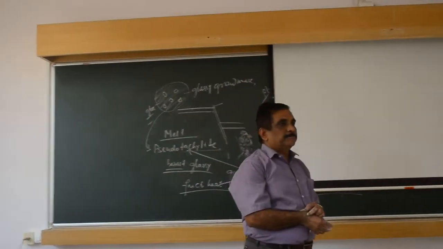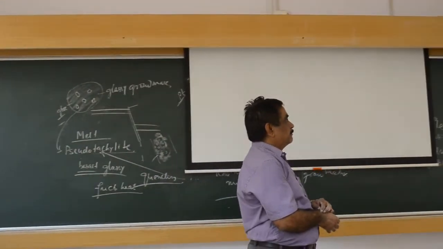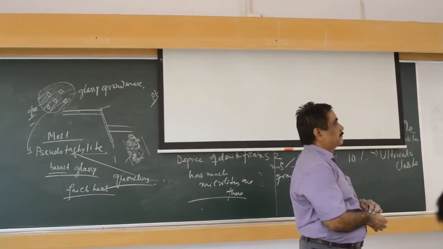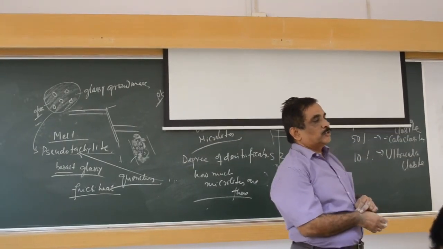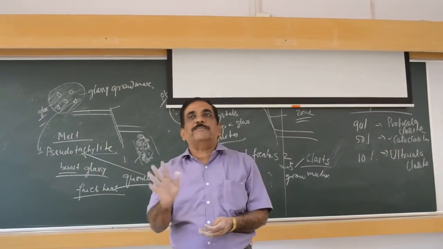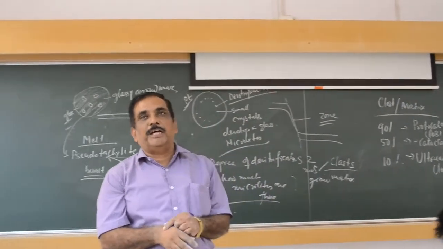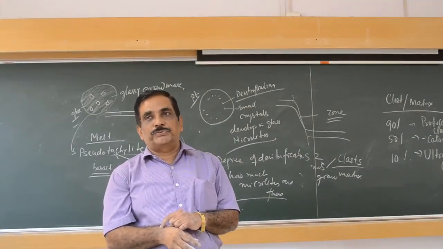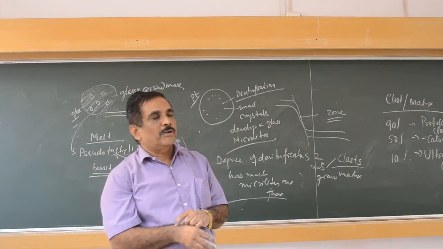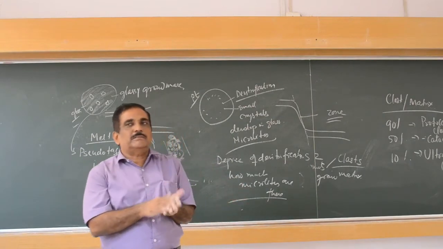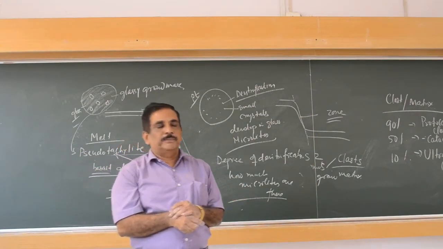So understood? It is only when the slip is very fast and the strain rate is very high that pseudotachylites will be produced. But if it is a slow movement, pseudotachylite will not be produced.